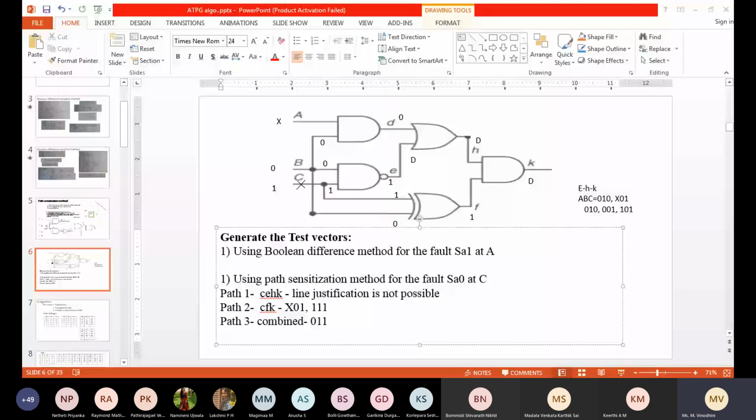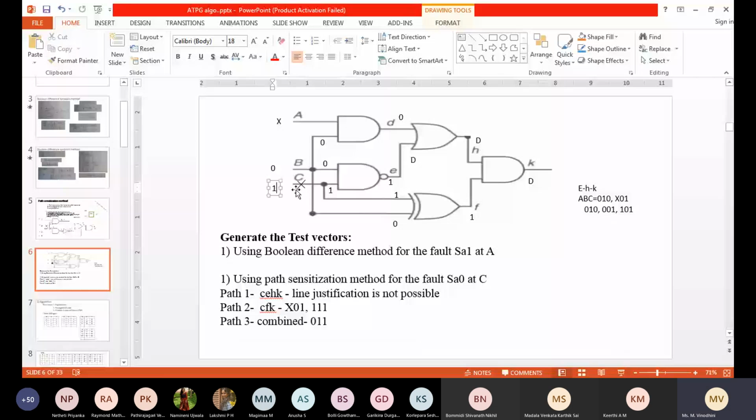The fault is stuck at 0, so if I want to activate it, I need to make C as 1. So here I will have D, and even here I will have D. Now I'm considering only CEHK. My aim is to transfer this D through this path.